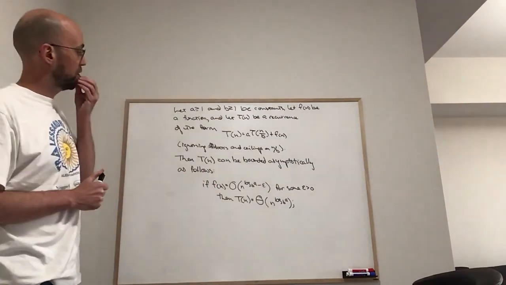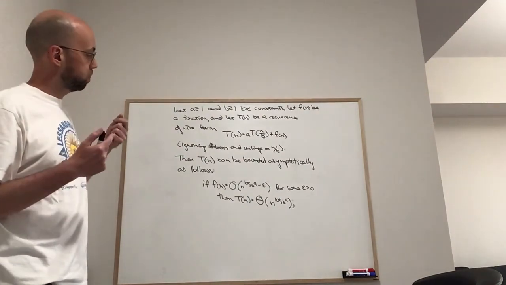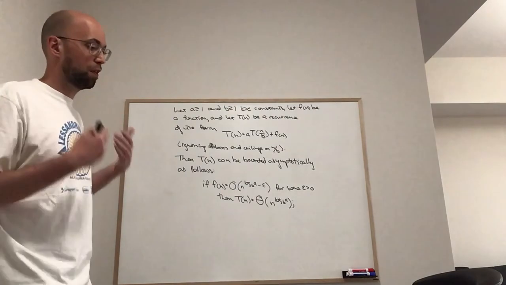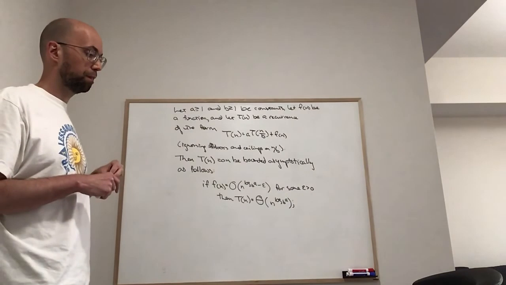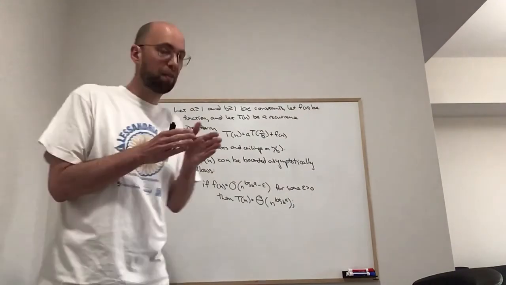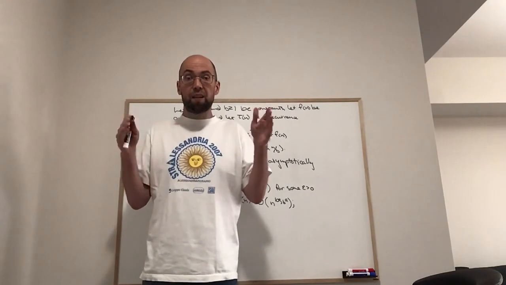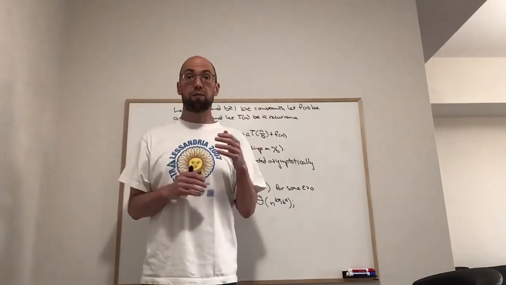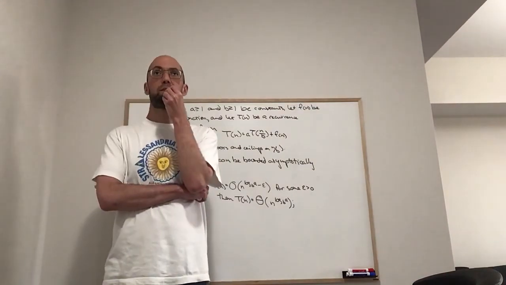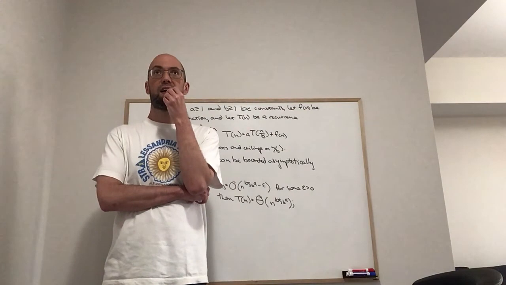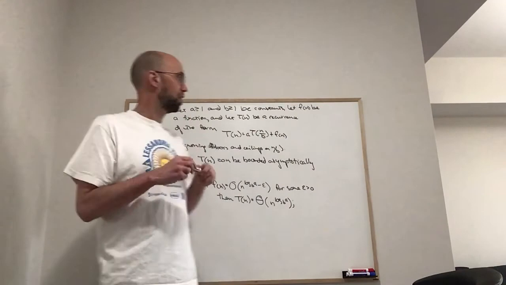So how far down do you go? If you think of the tree, the branching factor is a, and the depth is going to be like log base b of n. And so how many leaves are you going to get?